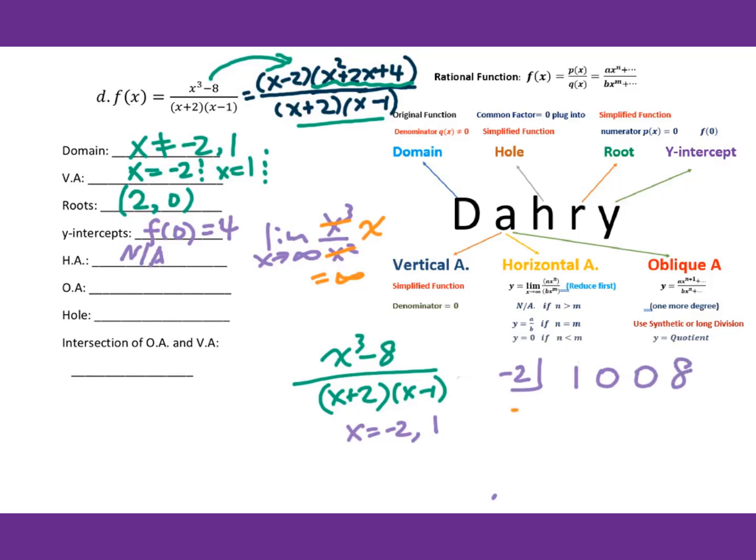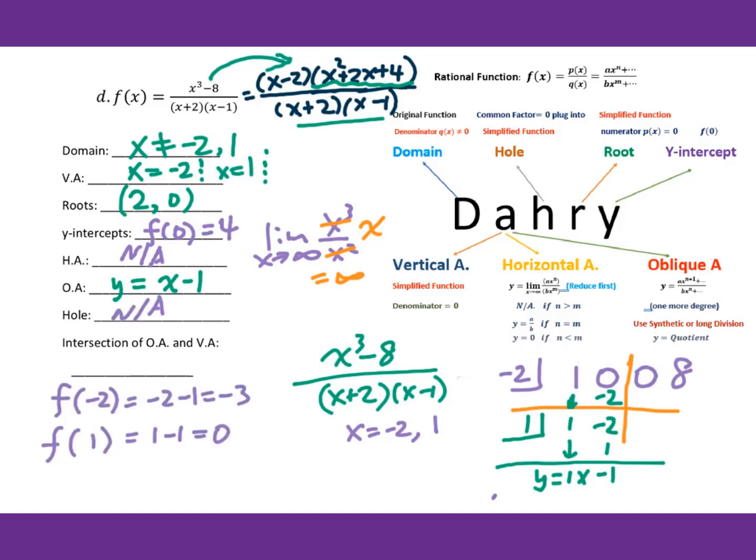Then only focus on the first two. Therefore, I got 1, negative 2 is negative 2. Then keep doing this: 1, here's a 1, so you get negative 1. Therefore, y equals x minus 1 will be the oblique asymptote line.